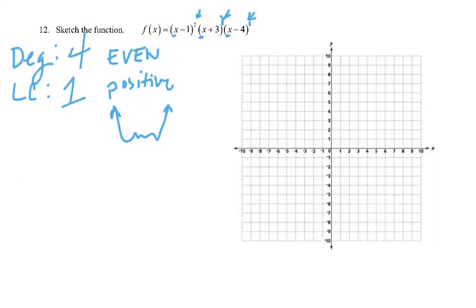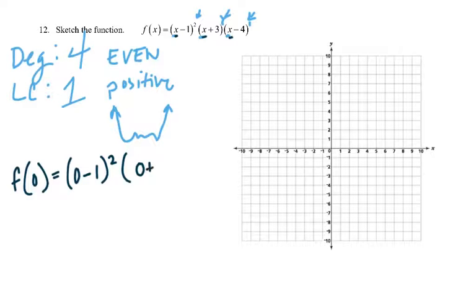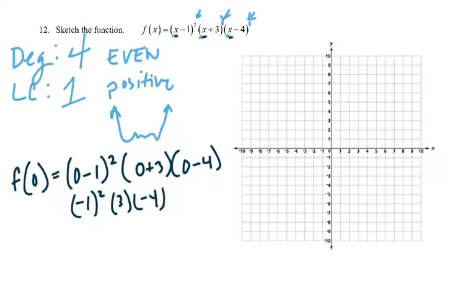Step number 2, looking back, we see that step number 2 is to find the y-intercept. So we're going to go ahead and evaluate f of 0. So we're going to replace all of our x's in our function with zeros. So 0 minus 1 squared, 0 plus 3, 0 minus 4. So that gives us -1 squared times 3 times -4. -1 squared is +1 times 3 times -4.